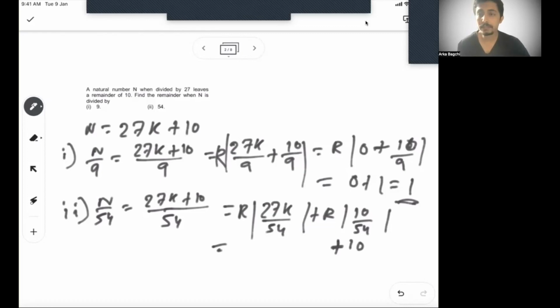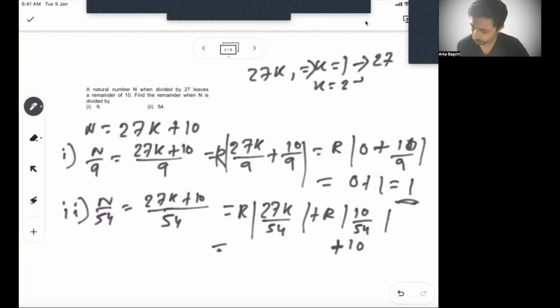In the first case, think on this 27k. When I say k equal to 1, your value is 27. k equal to 2, your value is 54. k equal to 3, your value is 81. k equal to 4, your value is 108.